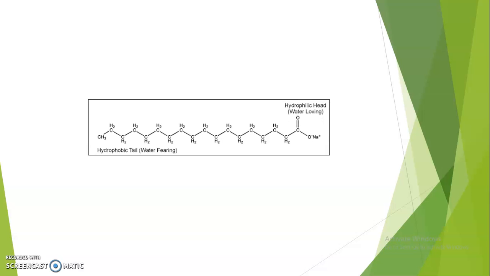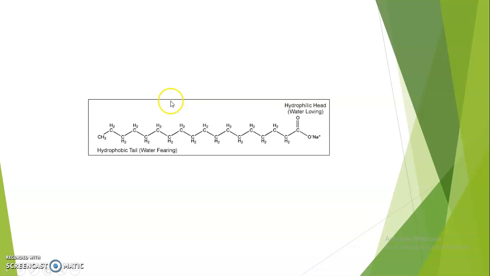Now, typically, these groups have this type of structure. Here you can see the structure of the soap, where this is the sodium, and this is the carboxylic acid group. So you can see the carboxylic acid group is present, the sodium salt of the free fatty acid.